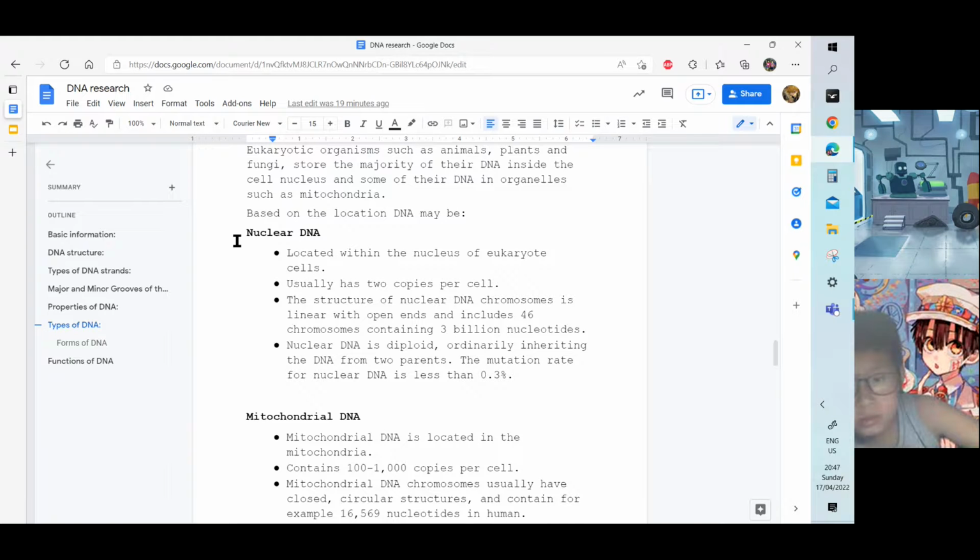It usually has two copies per cell. The structure of nuclear DNA chromosomes is linear with open ends and includes 46 chromosomes containing 3 billion nucleotides. Nuclear DNA is diploid, inheriting DNA from two parents. The mutation rate for nuclear DNA is less than 0.3%.